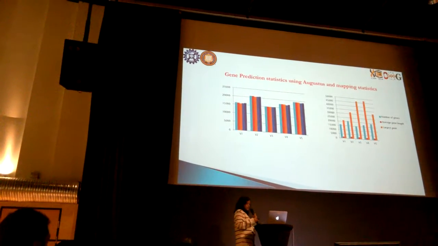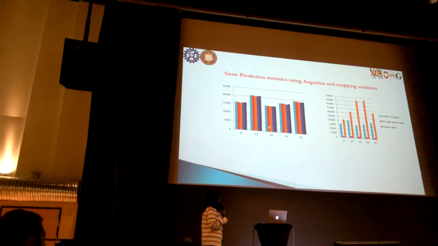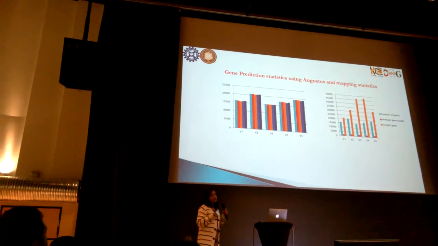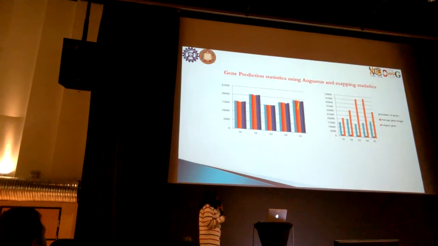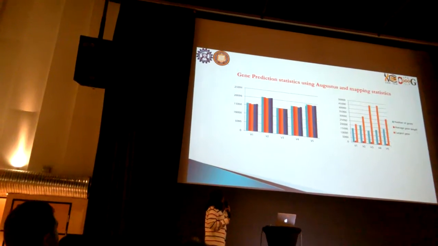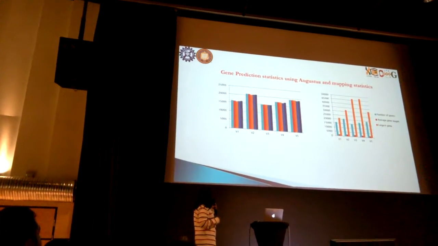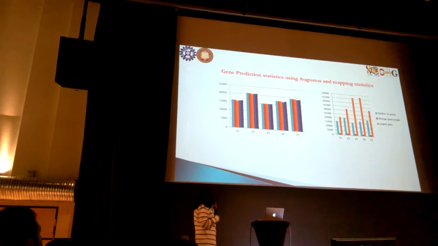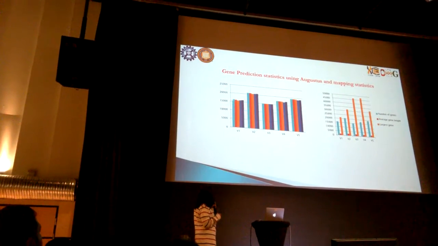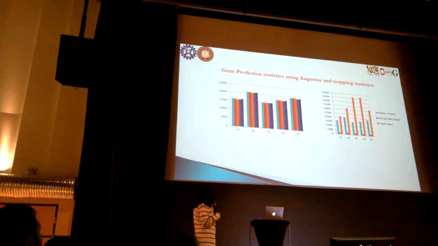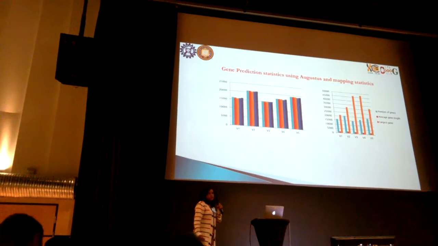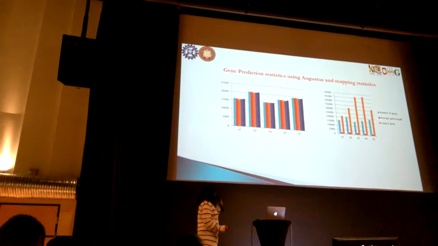And here this is the interesting result. We tried to predict genes in all of these assembly versions, and we saw the number of genes is quite a lot in version 5. What we did was map all of these genes back to the other 4 assemblies. So this is how it is done. For V1 we have this many genes, and we map this number of genes to all of the genomes, and you can find that in terms of gene content, most of the scaffolds are actually comparable to each other.